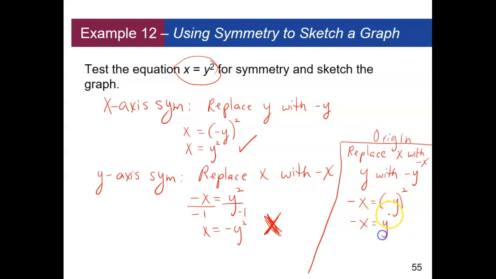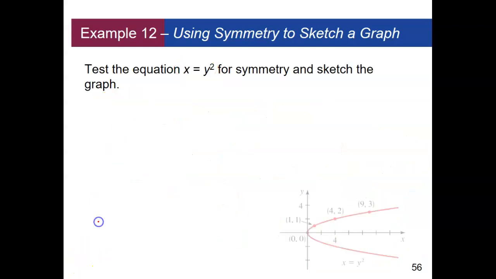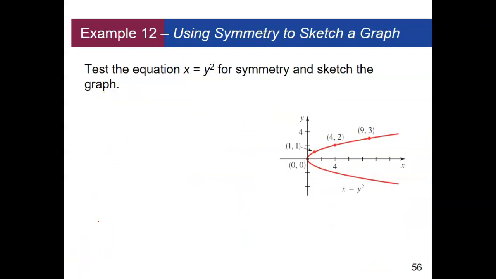Simplify. So we're going to have x equals negative y squared. That does not equal what we started with. So the only type of symmetry this one had was x-axis symmetry. Here is a graph of this, and you can see that this would have x-axis symmetry, but would not have y-axis or origin symmetry.